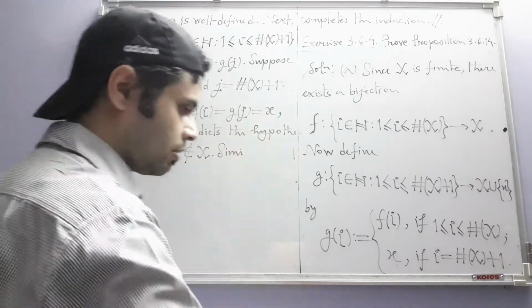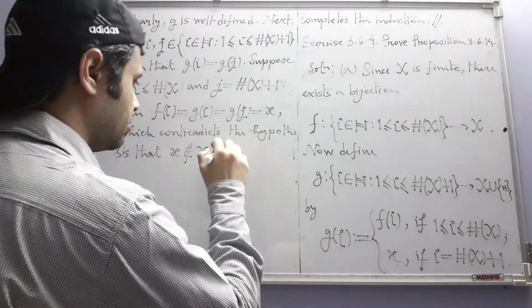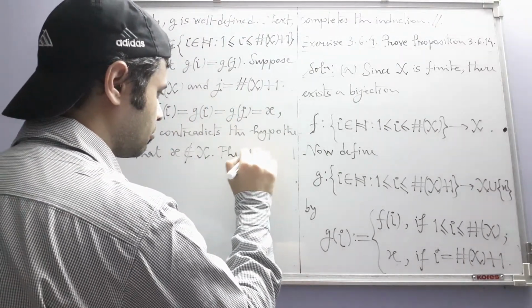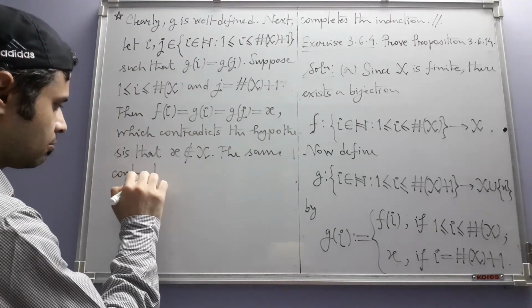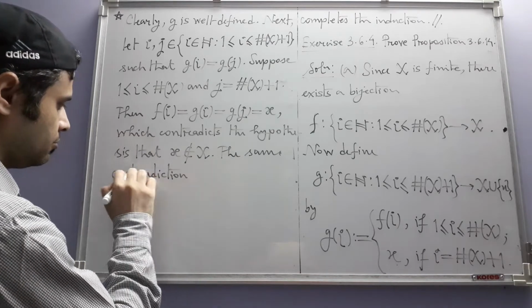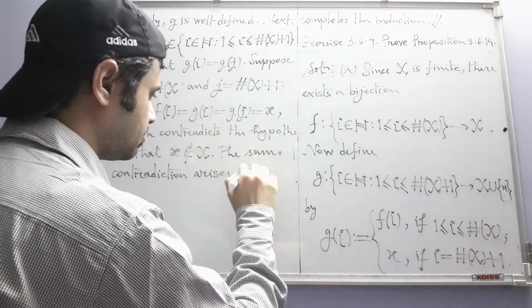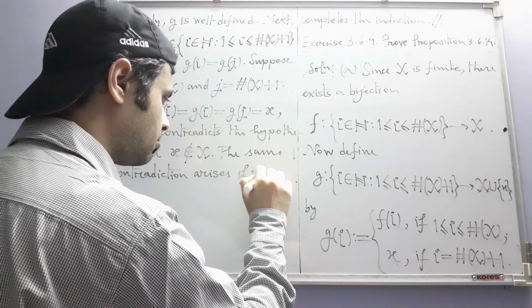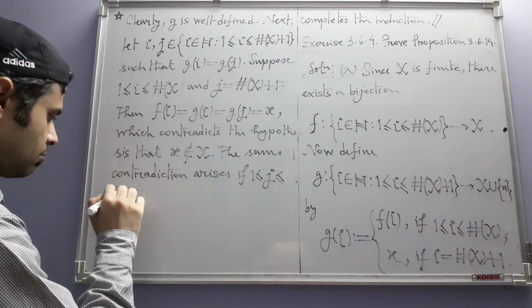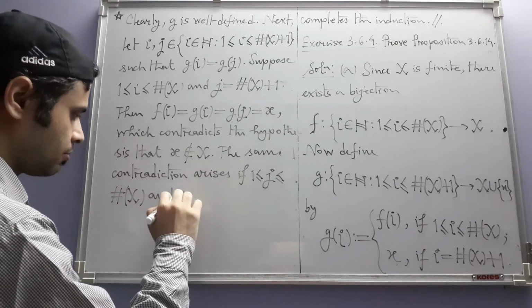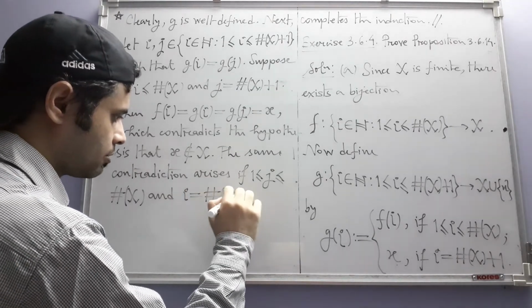Similarly, or a similar contradiction, or in fact the same contradiction, arises if J lies in this part and I is this.